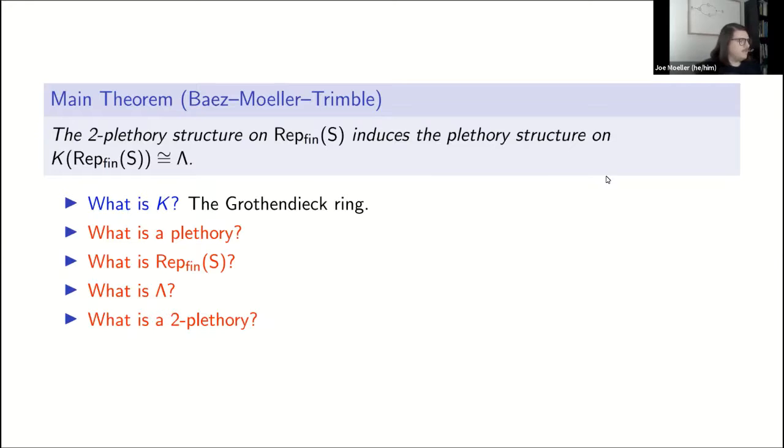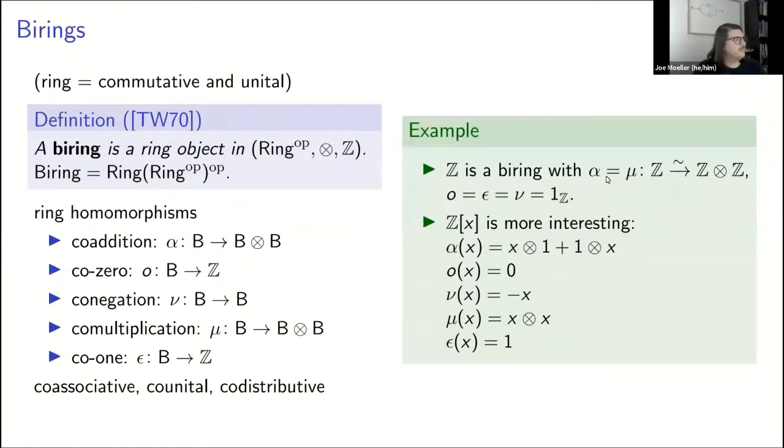But now the next question, what is a plethory? So before I can tell you what a plethory is, I have to tell you what a biring is. And before that, I have to tell you that by ring, I mean a commutative and unital ring, the kind that algebraic geometers tend to care about. So now I can tell you that a biring is a ring object in ring op.